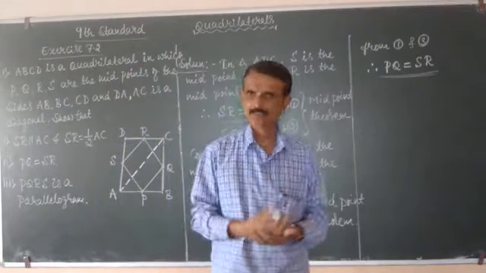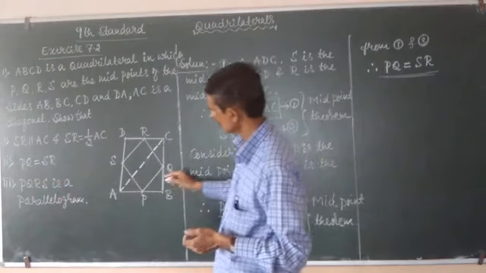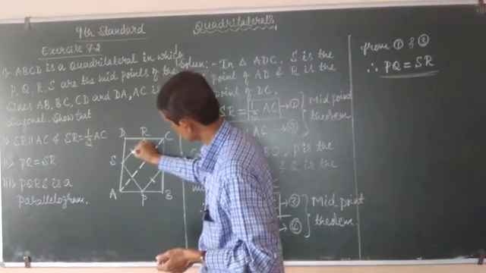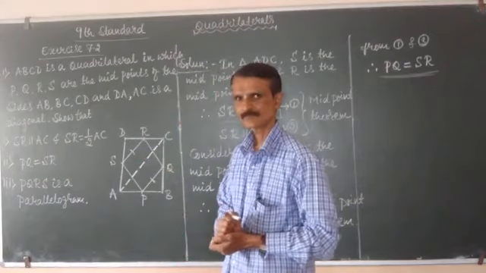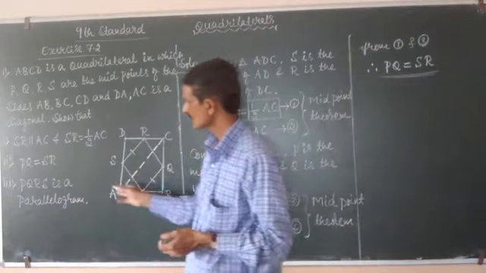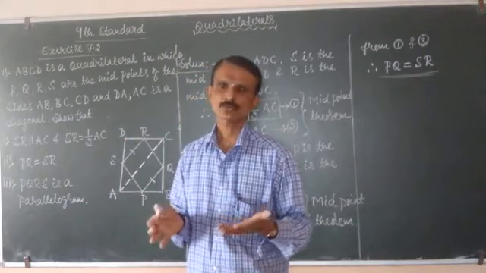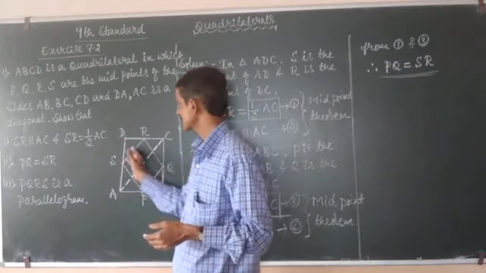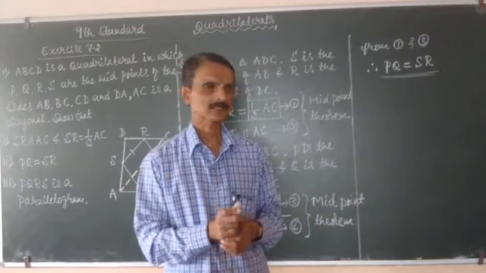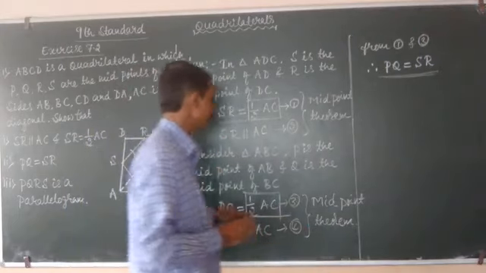And the third one is that PQRS is a parallelogram. We have proved PQ is equal to SR, so opposite sides are equal. To show that it is a parallelogram, we have to show these opposite sides are also parallel. For this, observe equations 2 and 4.